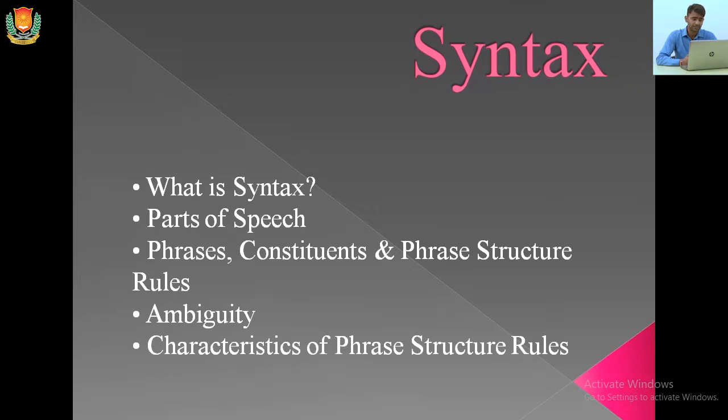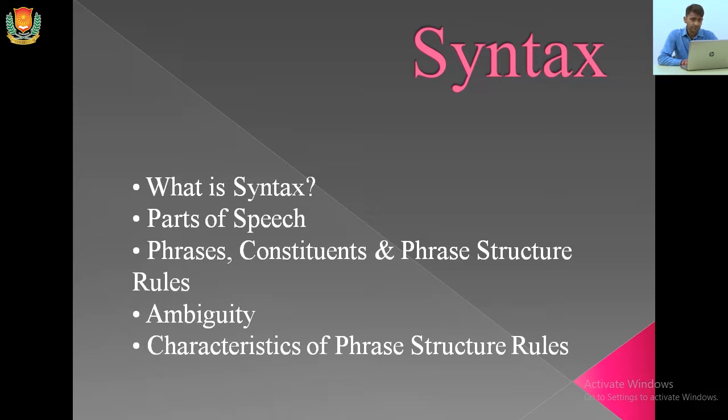Under this title, we will learn what is syntax, parts of speech, phrases, constituents, phrase structure rules, ambiguity, and characteristics of phrase structure rules. Actually, syntax deals with the sentence patterns, grammatical patterns. So this is not just a very short topic which can be concluded in one lecture, although I'll give a brief introduction of this topic in this short video.